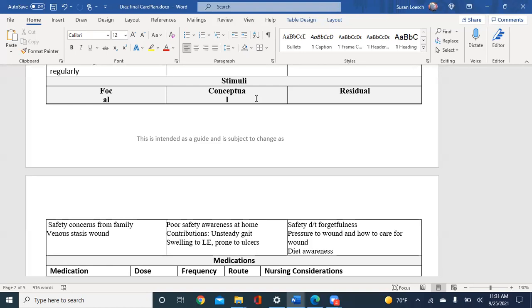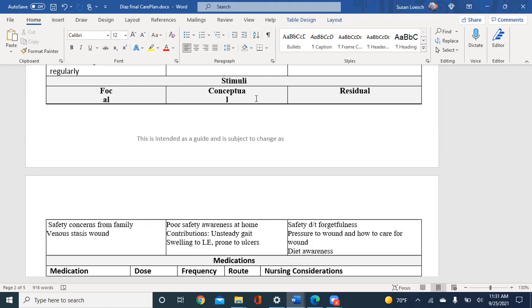Instead of venous stasis wound, because Edith doesn't have that, it would be the left hip fracture. It could be pain, it could be dizziness, because she's experiencing all those things. Again, she can have one focal point now, and in a week her focal point could be something different, because the focal point is what is immediately facing the patient, what is immediately causing them to change or adapt to their environment.